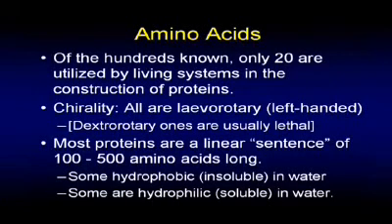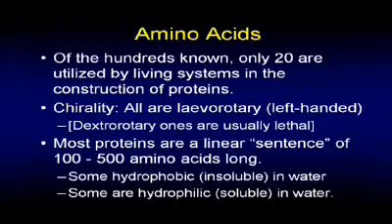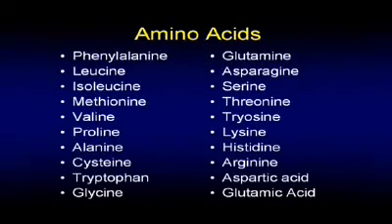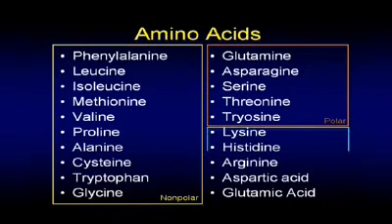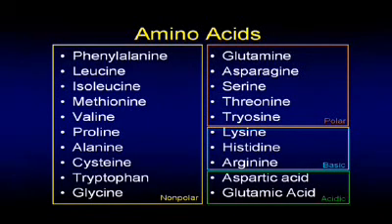Now, most proteins in your body are not 347 amino acids long like this one is, but are up to 500 acids long. Some of them are soluble in water. Some are not soluble in water. They're designed that way. And these amino acids can be combined to make 20 different kinds; some of these are nonpolar, some are polar, some are basic, some are acidic.